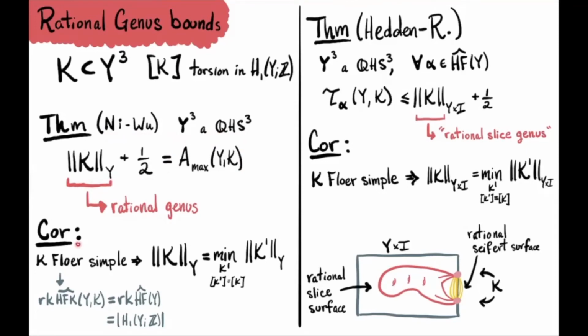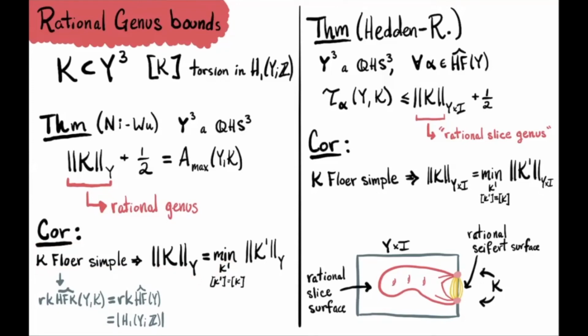It has this corollary, which is that if I have a Floer simple knot, then that knot actually minimizes genus over all knots in its homology class. So if I took some other knot that represented the same class in homology, its rational genus is bigger than or equal to that of my Floer simple knot.